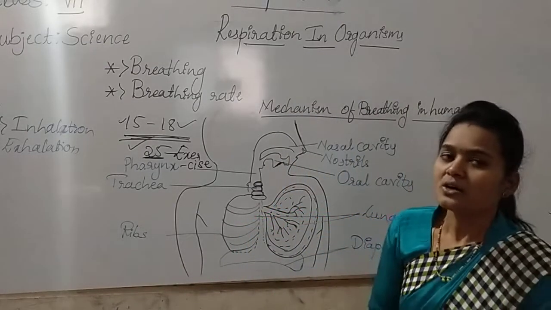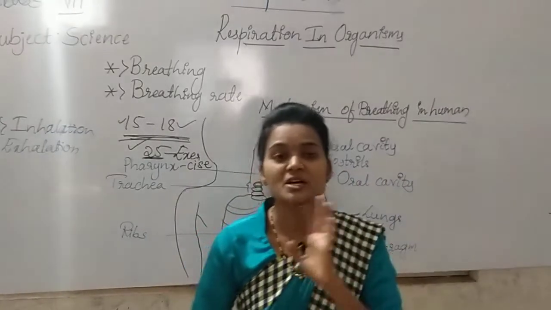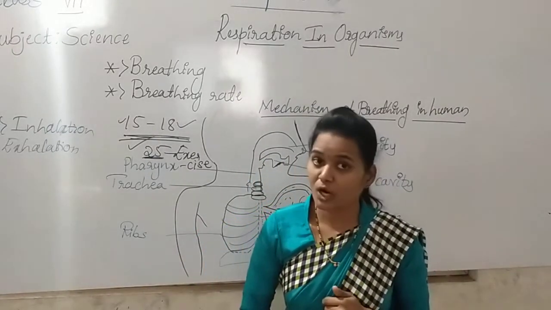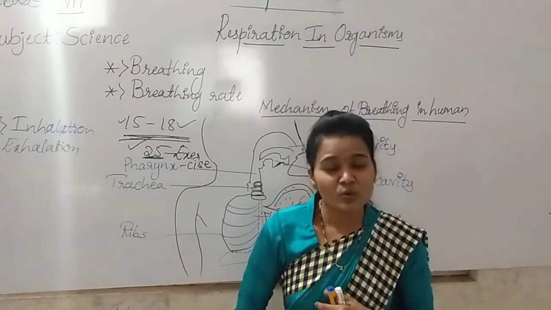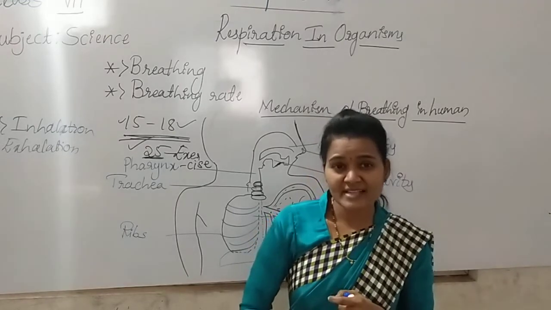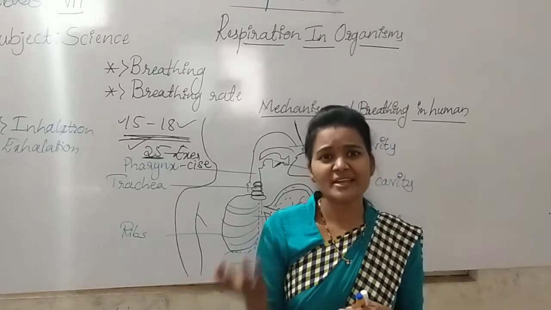See students, first of all we know that our environment, our atmosphere, is made up of gases. What does that gas consist of? It consists of some dust particles, some dirt, some pollens, everything.